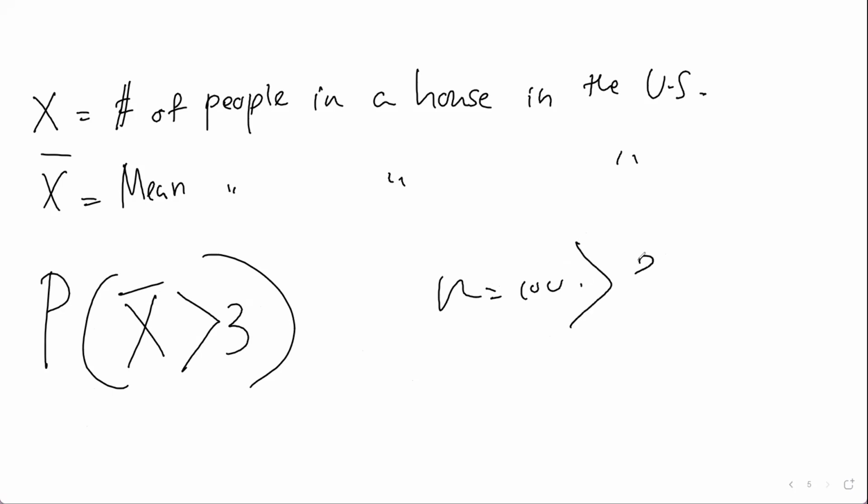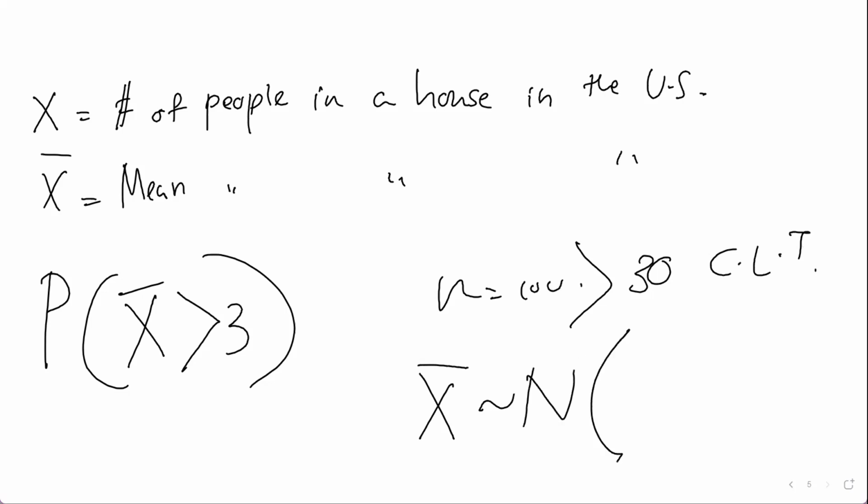This is greater than 30, so we can use the central limit theorem to approximate the distribution. The distribution of x is some right-skewed distribution, not normal.